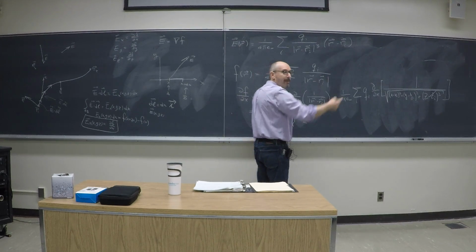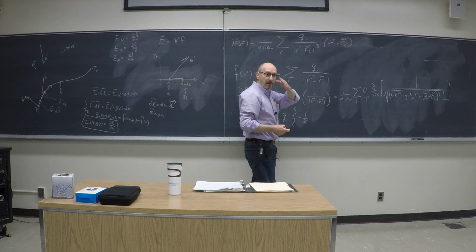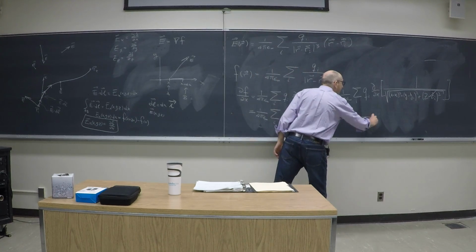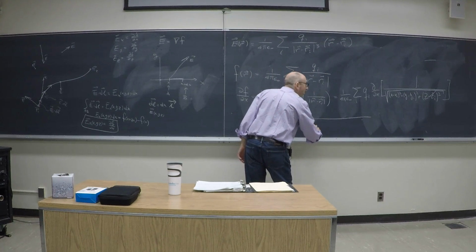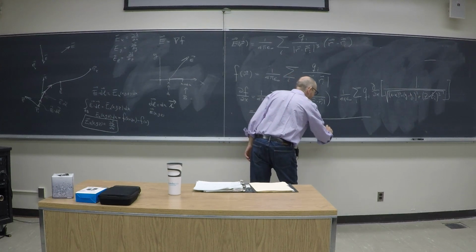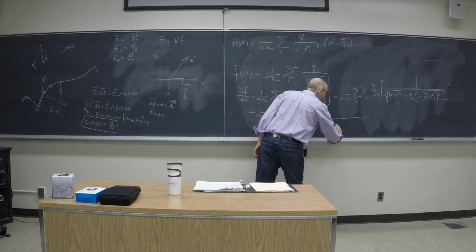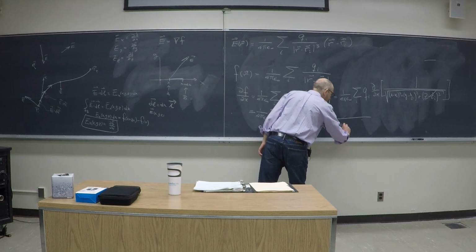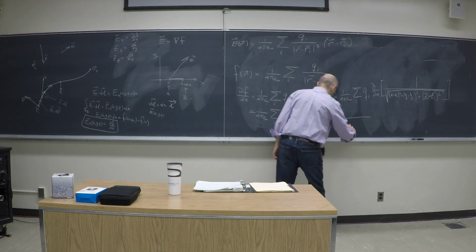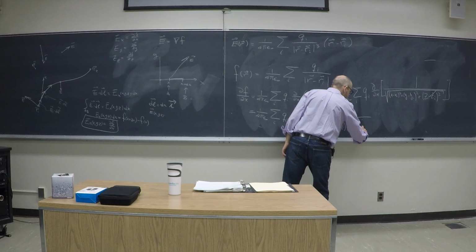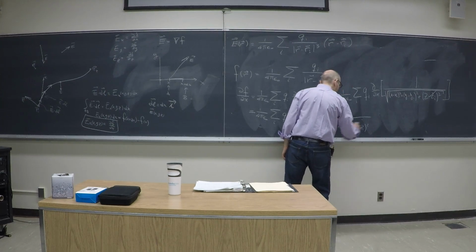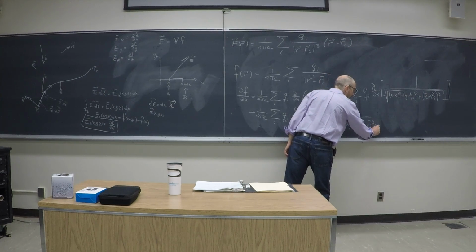Then we get to the minus 3/2, so it's a 3/2 at the bottom, like you tell me, and so we get (x minus xi) squared plus (y minus yi) squared plus (z minus zi) squared, and then that thing down here to the 3/2. That's one thing.